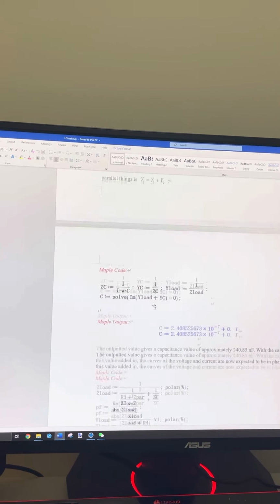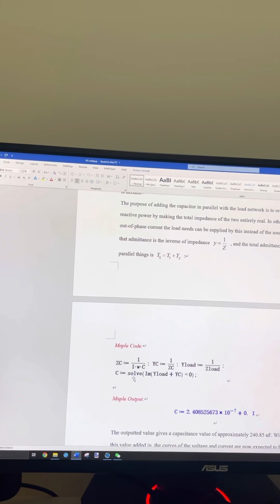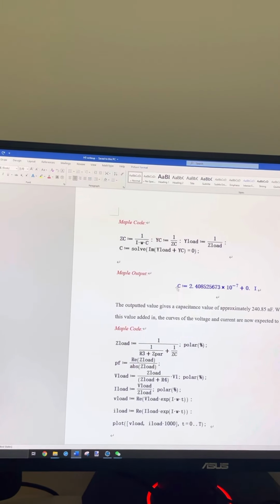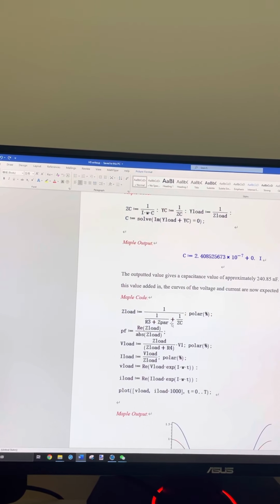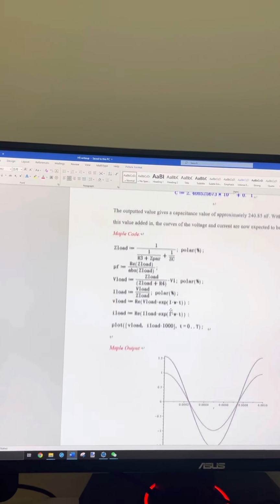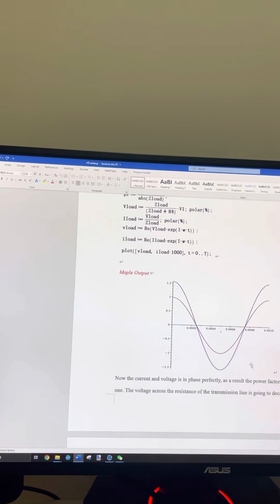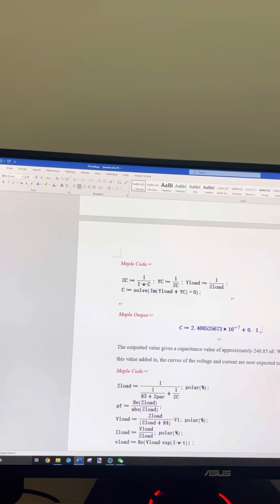And we use the inverse of the impedance to find out the value of the capacitor we need to add into the circuit. So we add in the capacitor here. You can see Z load is now equal to this in parallel with this part that represents the capacitor. And we finally got something like this, and this is what we want, and this shows that the value is correct.